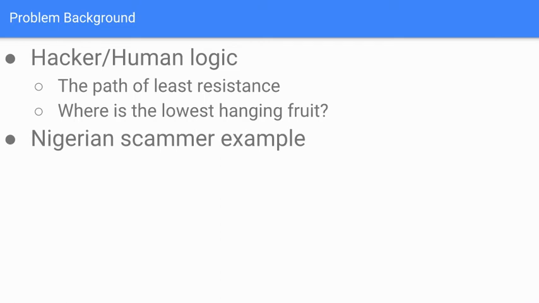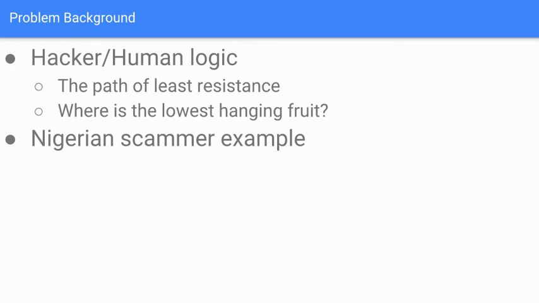A little bit of an example of this is the Nigerian scammer example. I love peering into that spam box on my Gmail account every once in a while and going through the jungle. I'll see a lot of these emails from our dear friends, and I'm sure you all have too.